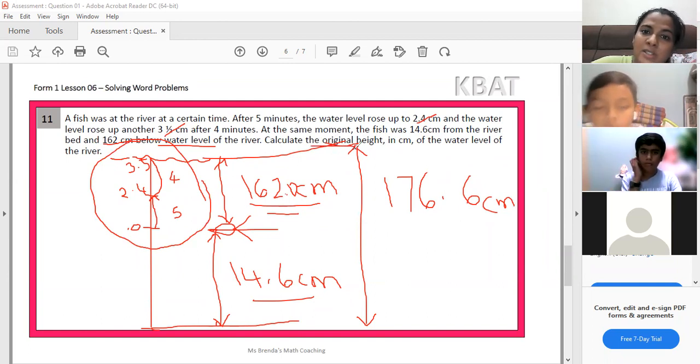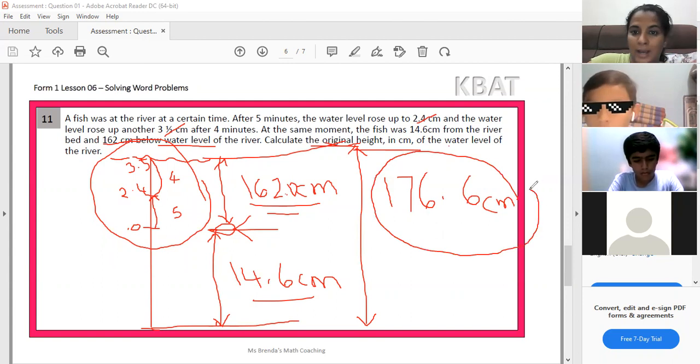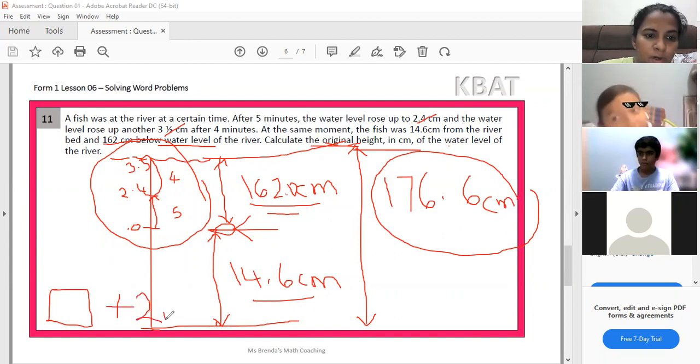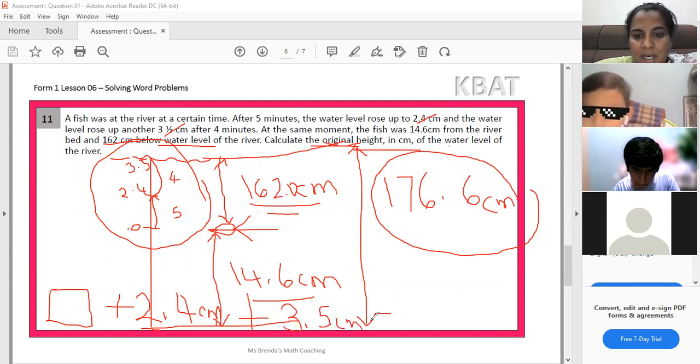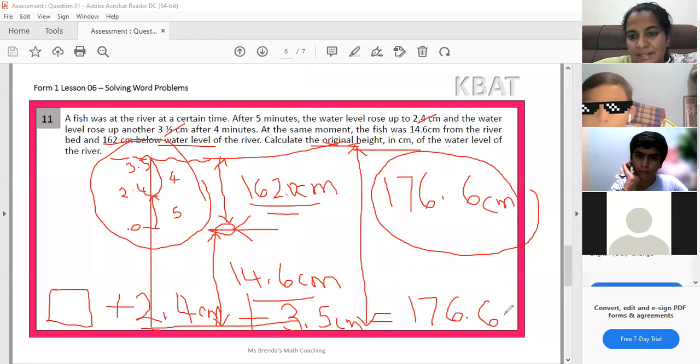Now they are asking you, what is the original height of the water level of the river? That means there must be something the water level began with. Then the water level rose up plus 2.4 centimeters and then rose up another 3.5 centimeters, and finally now it is at 176.6 centimeters.